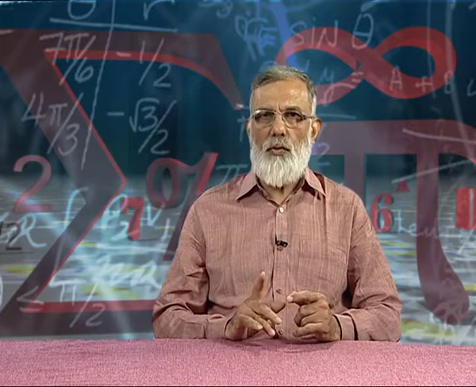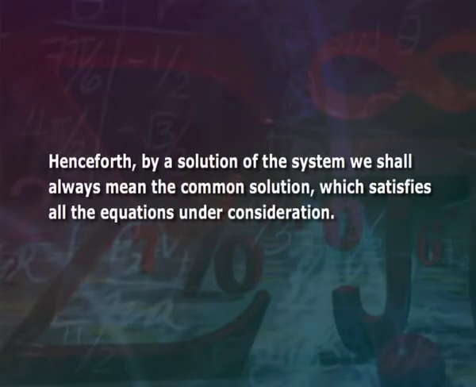We say that a system of equations is inconsistent if there is no common solution for the given system. If there is a common solution, unique or many, we say that the given system is consistent. Henceforth, by a solution of the system, we shall always mean the common solution, which satisfies all the equations under consideration.